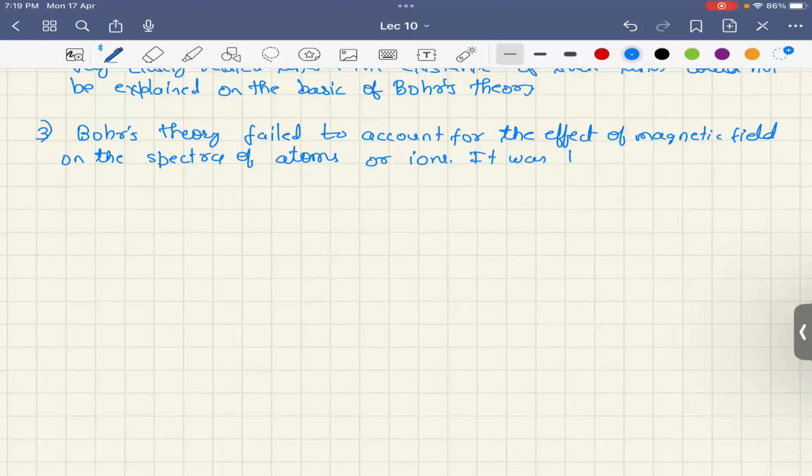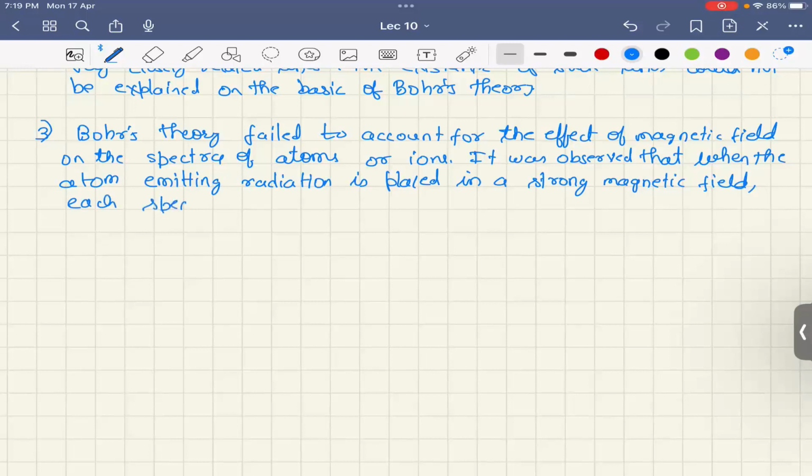It was observed that when the atom emitting radiation is placed in a strong magnetic field, each spectral line is further split into a number of lines, right?